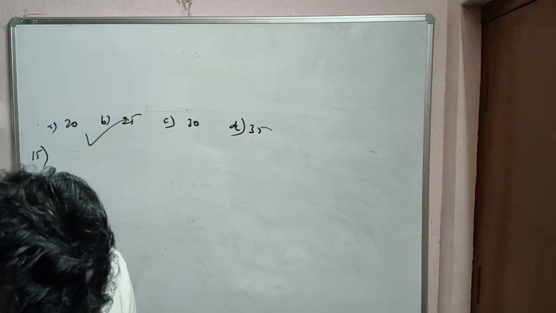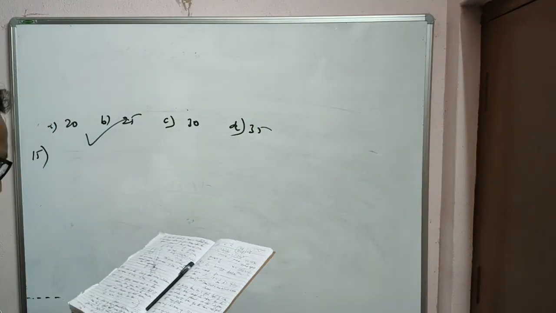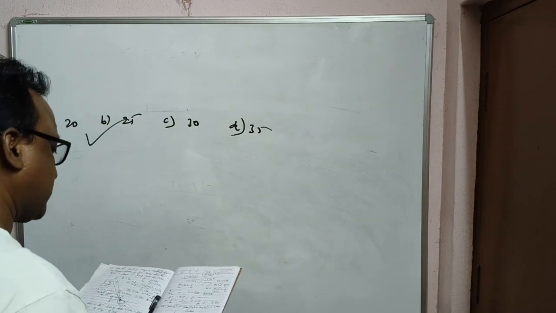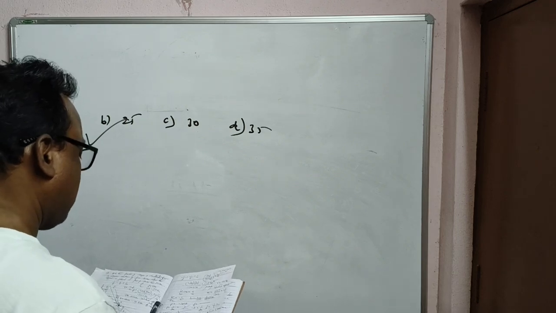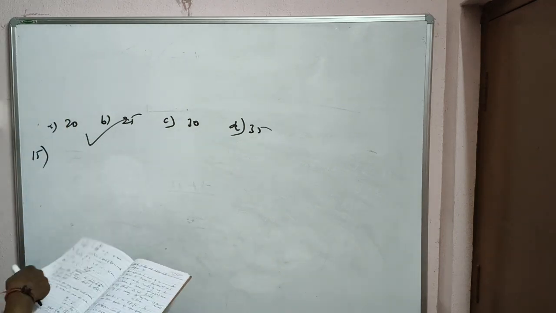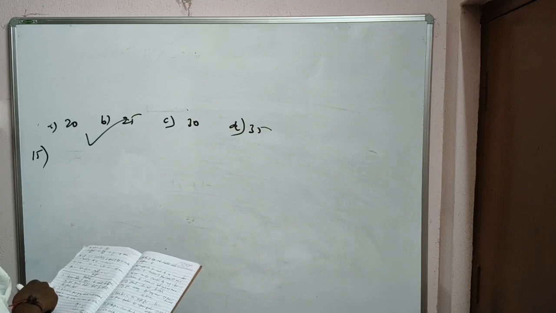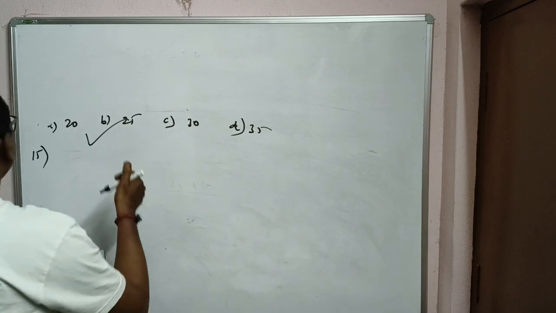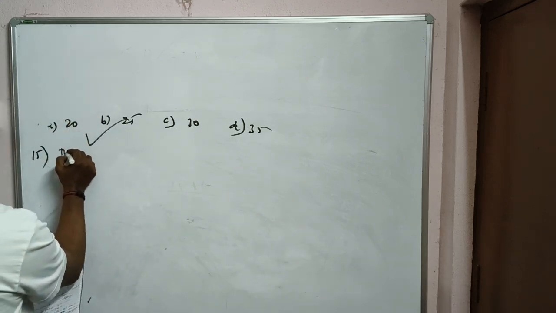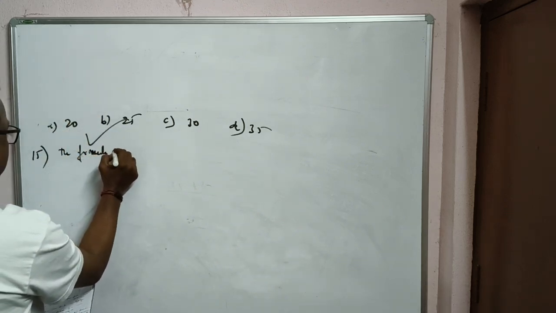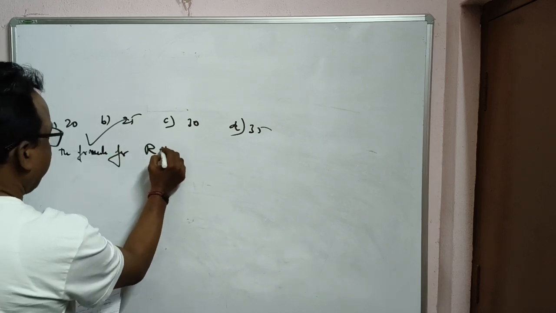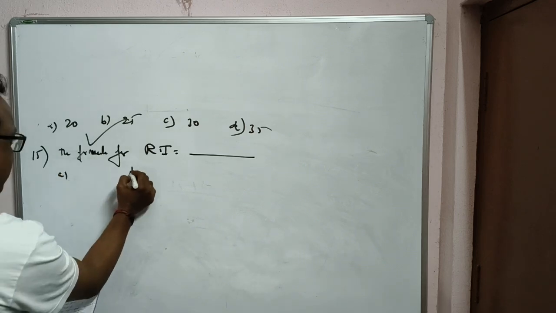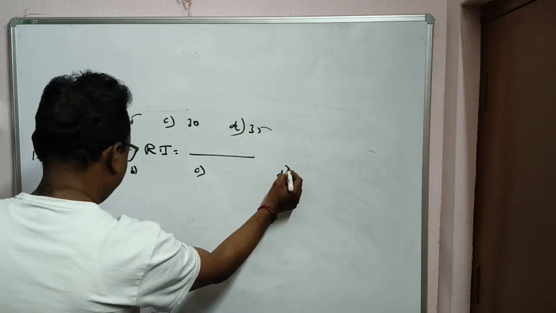The 15th question here is giving you: the formula for refractive index is dash. A, B, C, D.